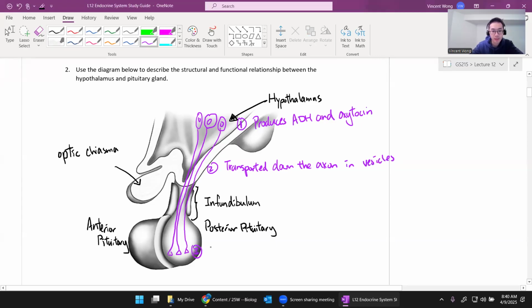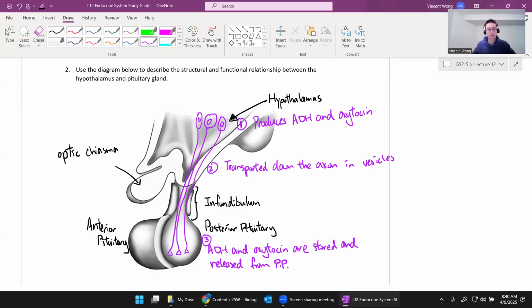And then number 3, ADH and oxytocin are stored and released from the posterior pituitary. So kind of like 3 separate steps here. The hormones are transported down the axon, right? That's what I mean.